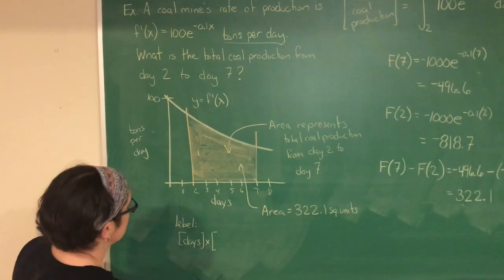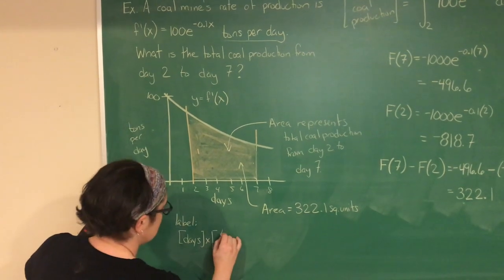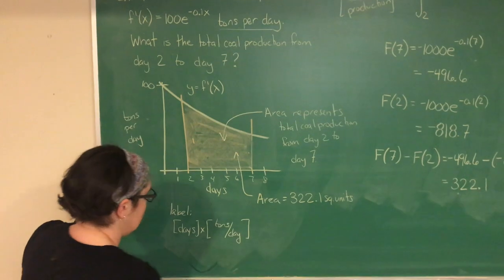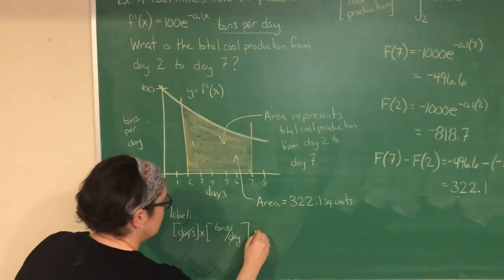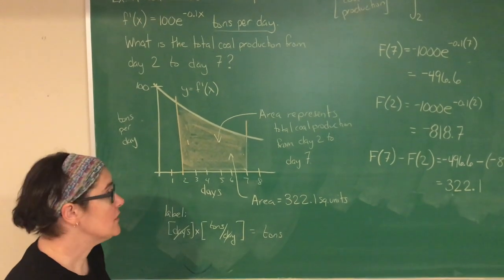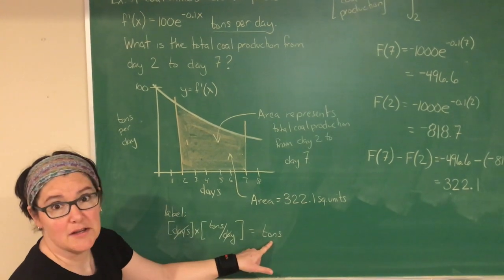So it's like our base times our height, and the label on the y value is tons per day. And so when you have days times tons per day, the days will cancel, and you'll be left with tons. So the label on our 322 is going to be tons.